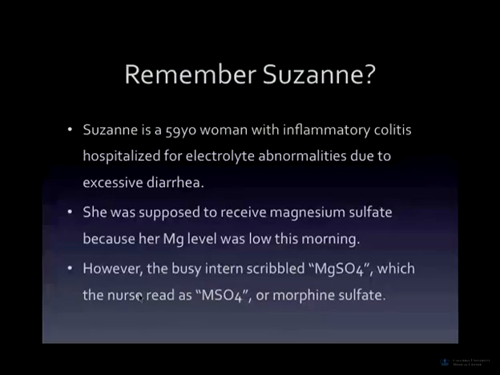Let's look at our patient from yesterday, Suzanne. Suzanne had the inflammatory colitis and the diarrhea. Suzanne was unfortunately the victim of an adverse event, and she got morphine instead of magnesium. Morphine, as you know, suppresses respiratory rate, and it knocked hers down to 4 breaths per minute.